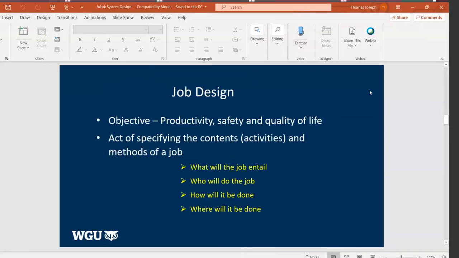If you guys remember, once upon a time you applied for the job that you currently are in, right? It was posted maybe on a company website, somewhere on the internet or on LinkedIn. And the first thing that you did was read the whole job description, the requirements, what you're supposed to do, the education requirements, and all of that stuff. That's how the job is designed.